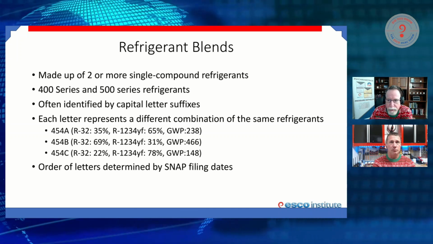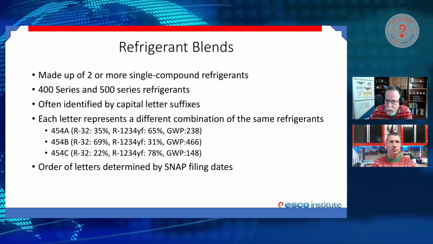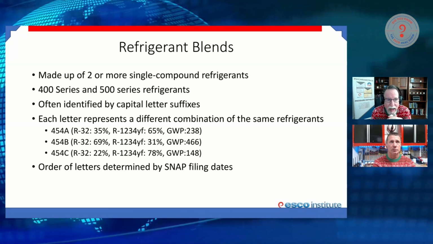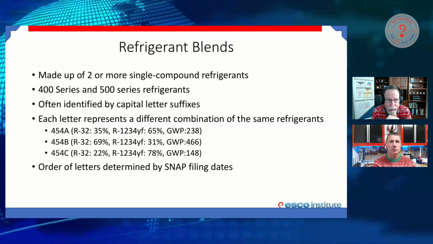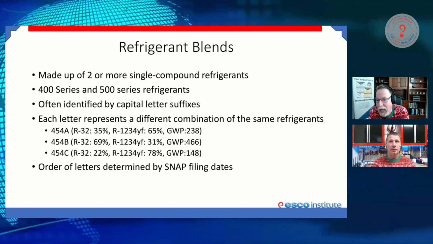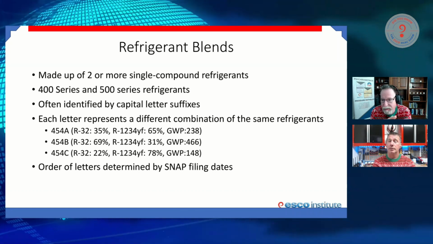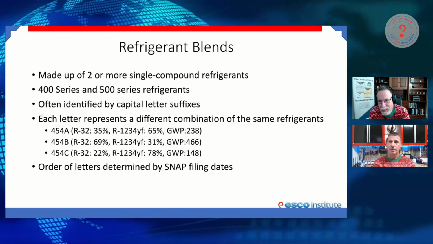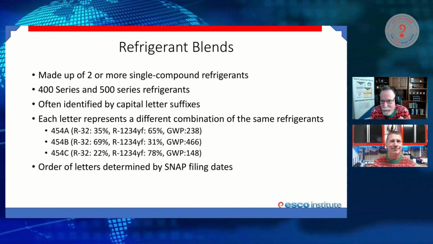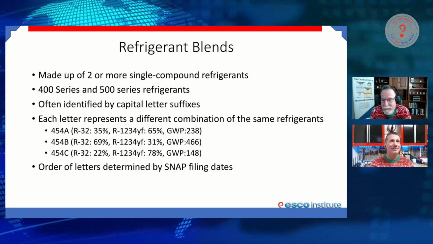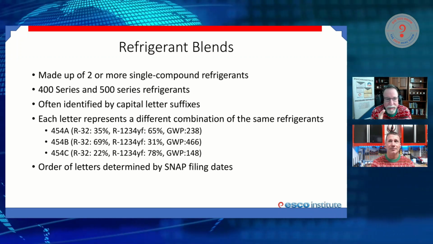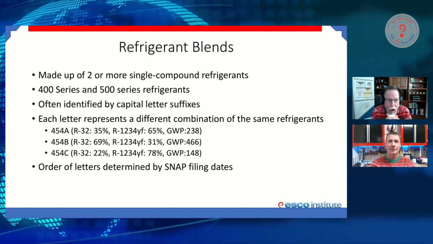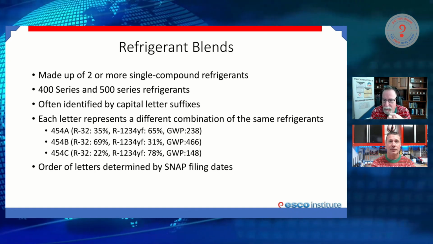So refrigerant blends, we said it doesn't work. If we have a 400 series refrigerant, let's say 454A, 454B, 454C. Is there a difference between capital and lowercase? We're going to get to the lowercase in a little bit. We're going to get rid of the uppercase really quick. Our 454, whether it's 454A, 454B, or 454C, is made up of the same component refrigerants.